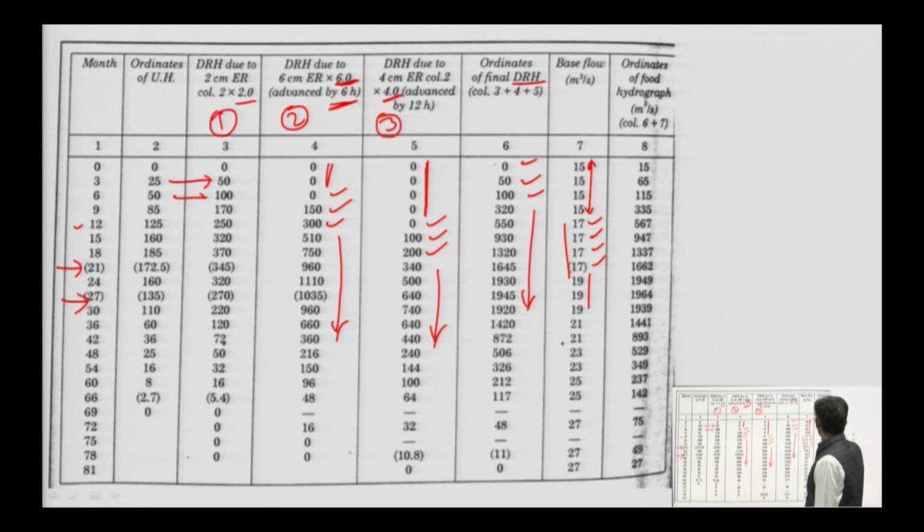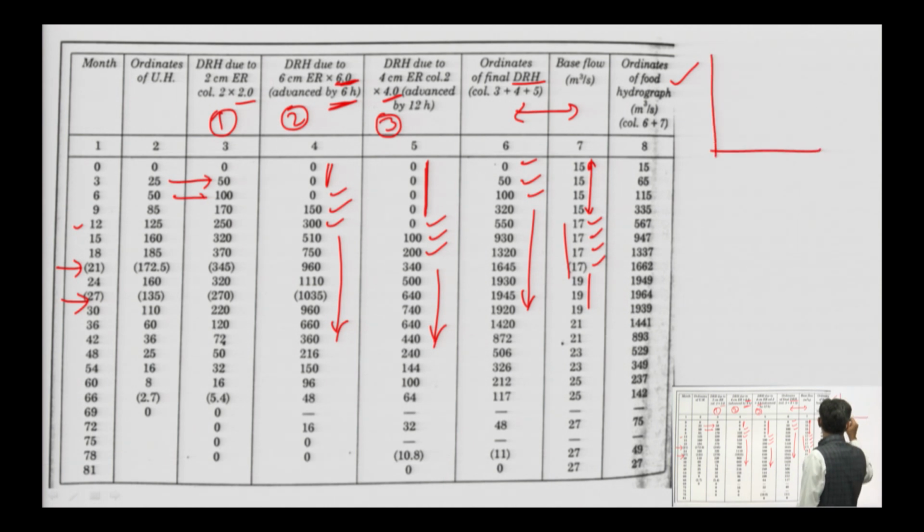So, the ordinate of the flood hydrograph will be calculated by adding these two. This is the direct runoff, and we have the base flow, that is why the flood hydrograph can be calculated.